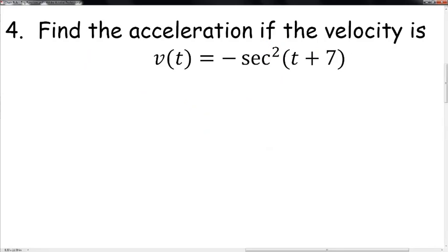If I rewrite this, it becomes negative secant of t plus 7 being multiplied, so I have 2 of these. That's what this little 2 means. So I have negative secant of t plus 7, and that's being multiplied by another secant of t plus 7.